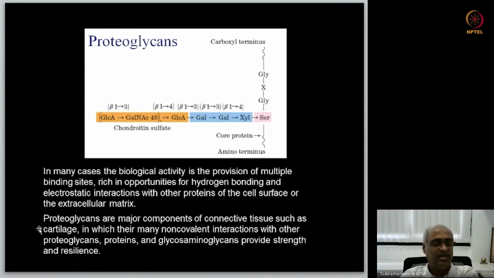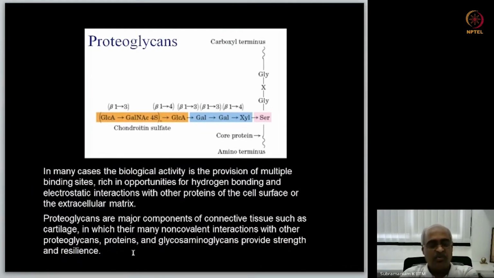Okay. So proteoglycans are major components of connective tissue, such as cartilage. I told you a good example: cartilage, your outer earlobe, the nose as well. So you touch and feel your nose, how it feels, in which there are many non-covalent interactions with other proteoglycans and proteins.